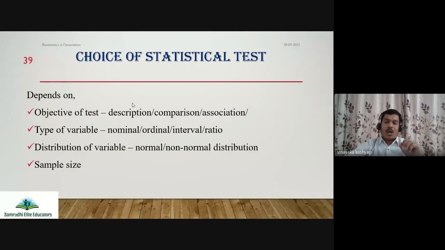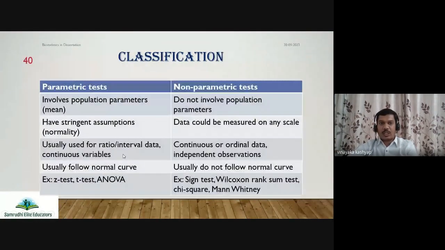Now how to choose a statistical test will depend on the objective of your study, whether it is a descriptive study, comparison study, or an association study. What is the type of variable you're trying to associate, nominal data, ordinal data, or discrete data. And then what is the sample size? Depending on all these things, you will choose which statistical test to use.